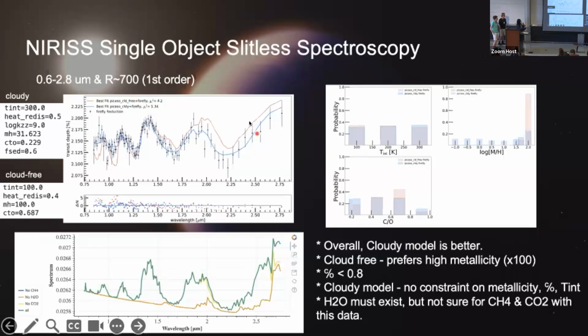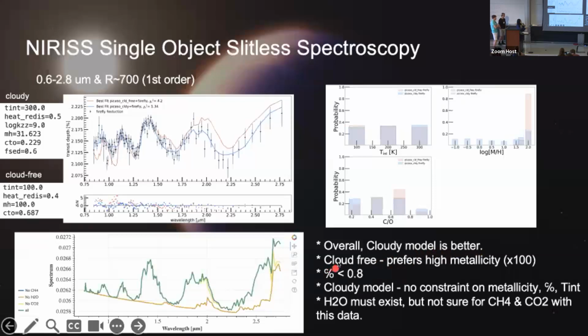For both best-fit models, cloudy and cloud-free, these are the best model parameters presented here. But the cloudy model, as I told you, is a little bit better. And here are also some probabilities of the models. Overall, the cloudy model looks better.